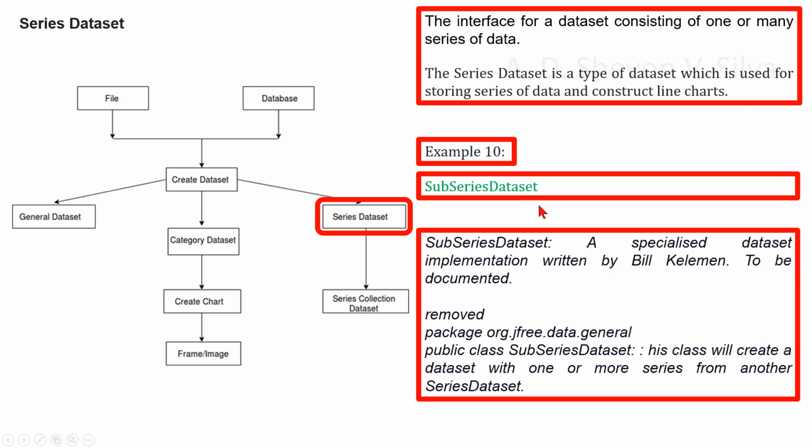Subseries dataset, a specialized dataset implementation written by Bill Kellerman, is to be documented, and this is now removed. The public class subseries dataset in package org.jfree.data.general will create a dataset with one or more series from another series dataset.